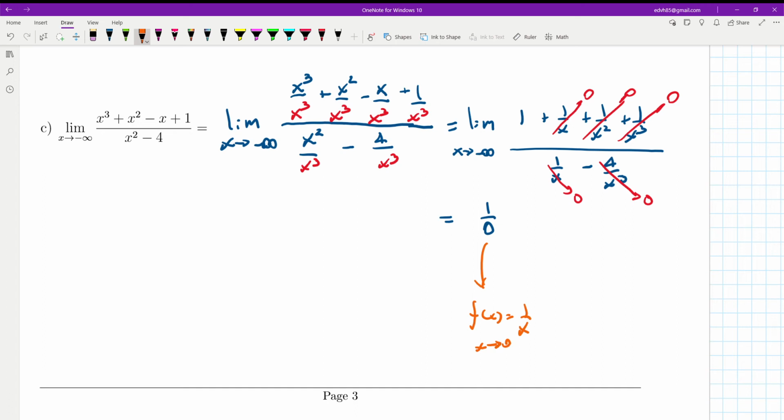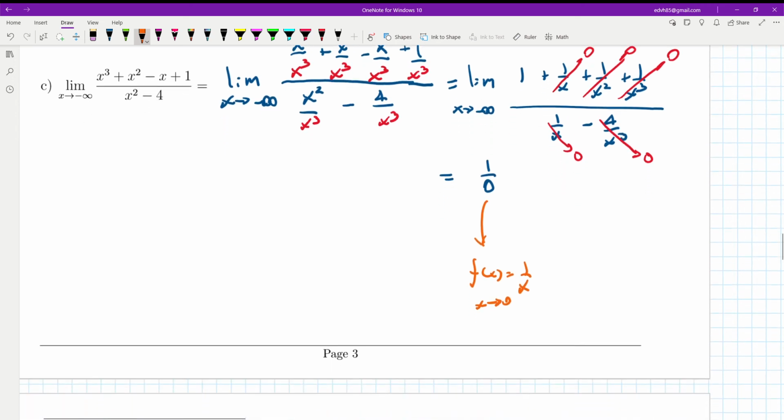But in this case, are we approaching from the left or from the right? Well, it's got to do with the sign of the infinity or where the infinity is going to. However, this may be a little bit tricky. So let's stop this for now and look at the summary that we have here.